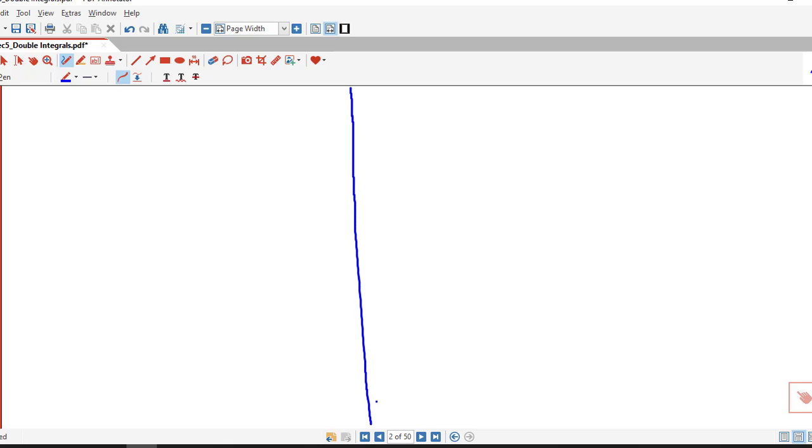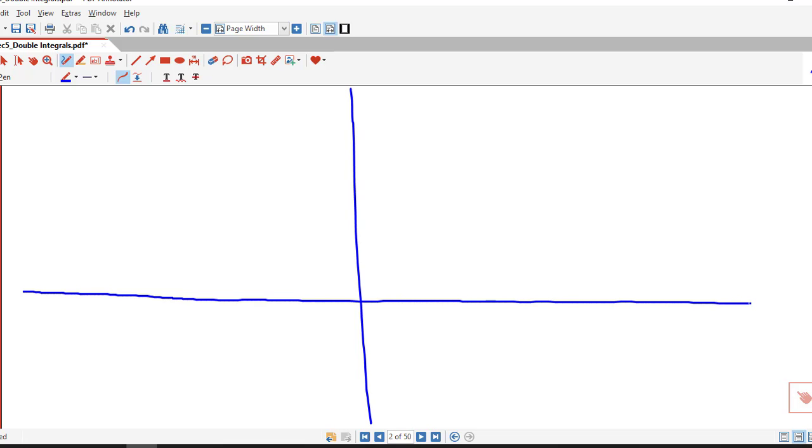So first we sketch the coordinate axes. This is the x axis which we can represent by y equal to 0. The y axis is represented by x equal to 0, and the maximum scale on the y axis required is 4. Suppose this distance is 2, so this is going to be 4.